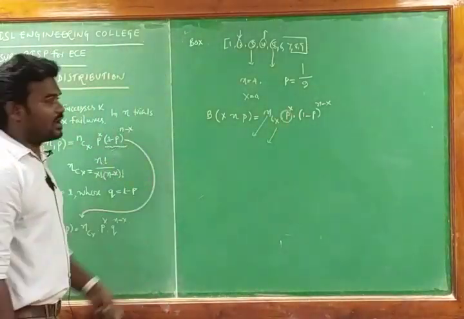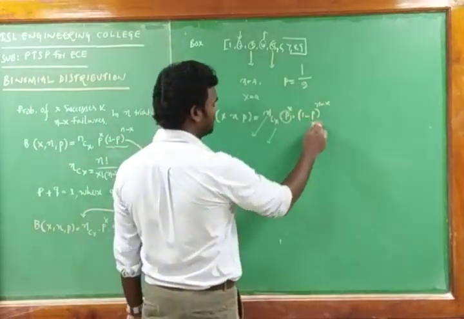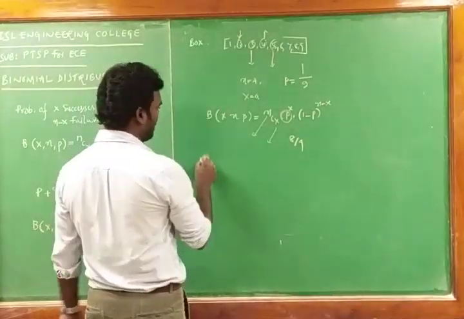So the probability of getting the 1 is p, and q, which is 1 minus p, is 8 by 9, and so you can substitute the values.